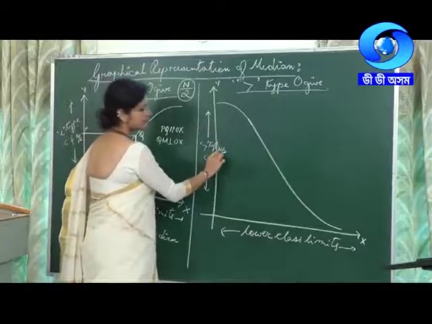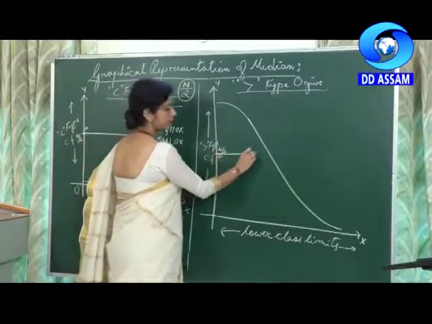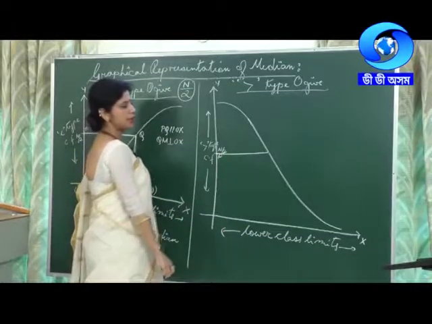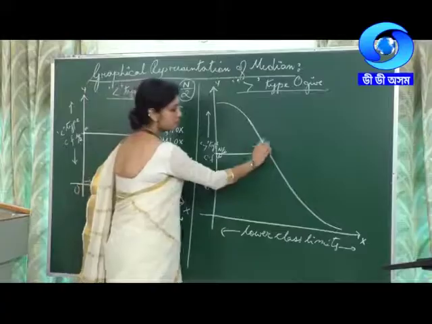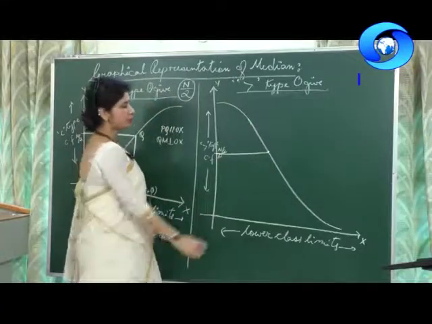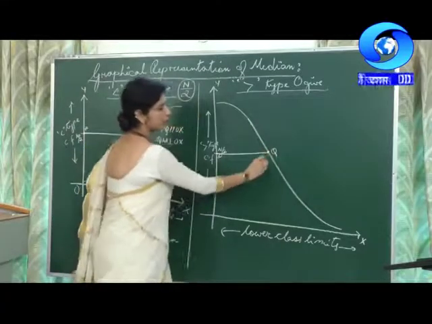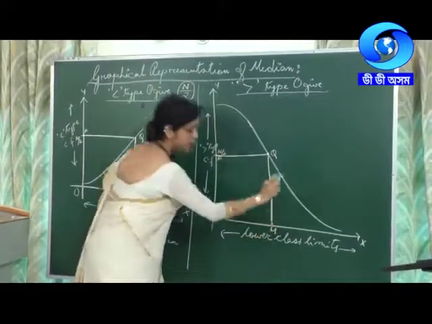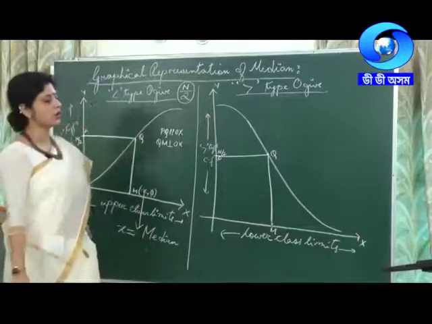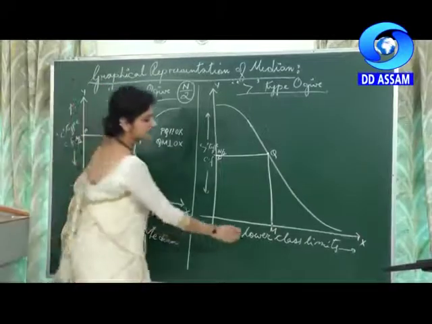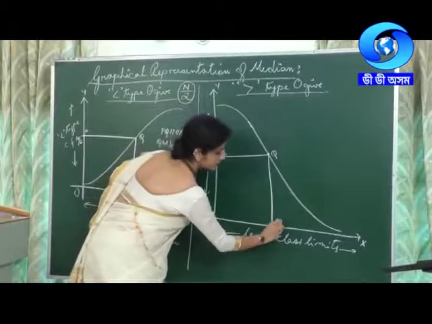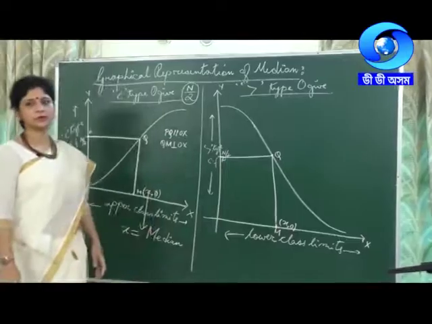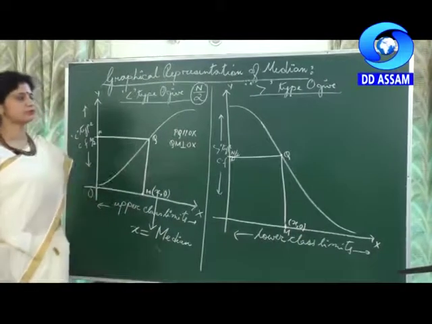We name it as point P. From point P, we draw a line parallel to the x-axis which meets the ogive at some point Q. From the point Q, we drop a perpendicular, say QM, such that M lies on the x-axis, and then the x coordinate of the point M is the required median for the given distribution.